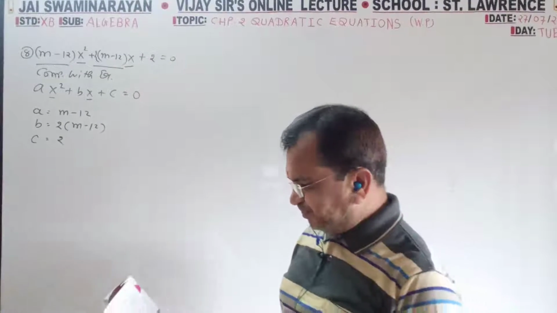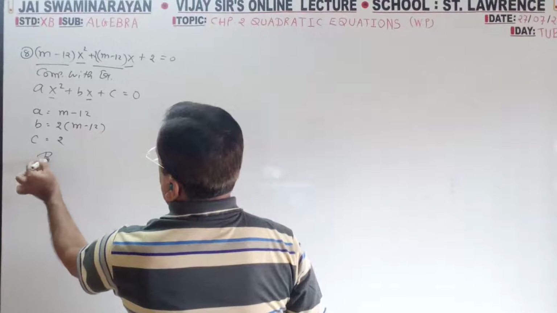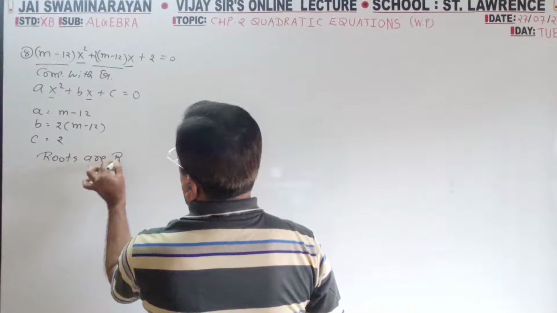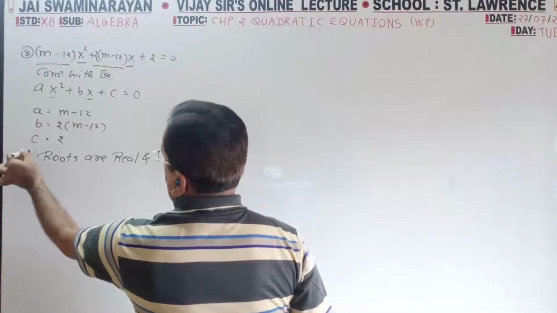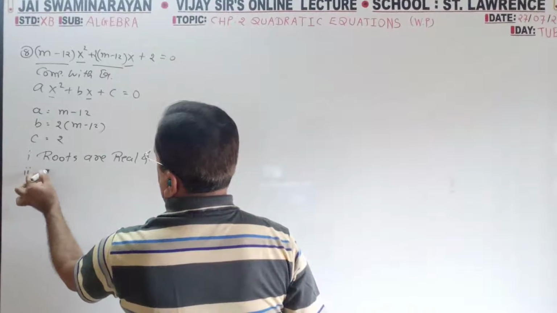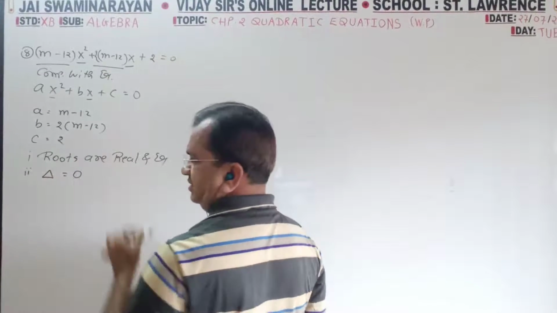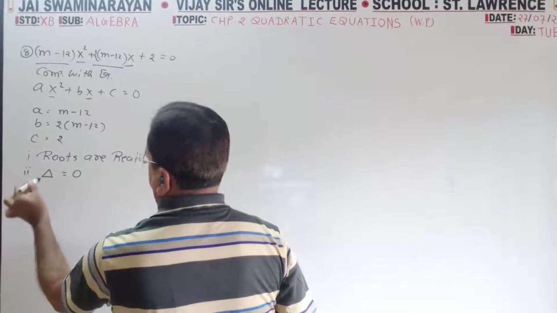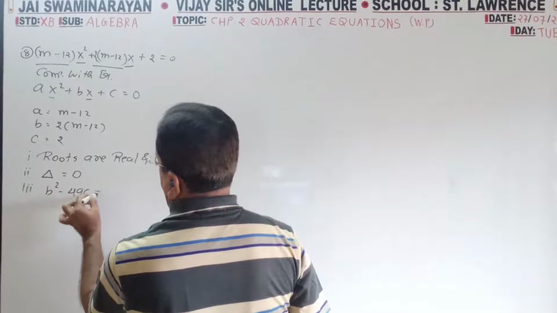Now, the roots are real and equal. Point number 1. Point number 2: therefore delta, the discriminant value, is exactly 0. Therefore b square minus 4ac is equal to 0.